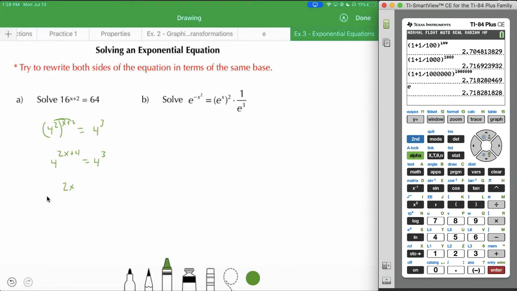So I can ignore the 4s, and I can just set 2x plus 4 equal to 3, solve for x. That means x equals -1/2. And of course you can check that if you were to plug -1/2 back in for x in the equation, it should simplify out to equaling 64.